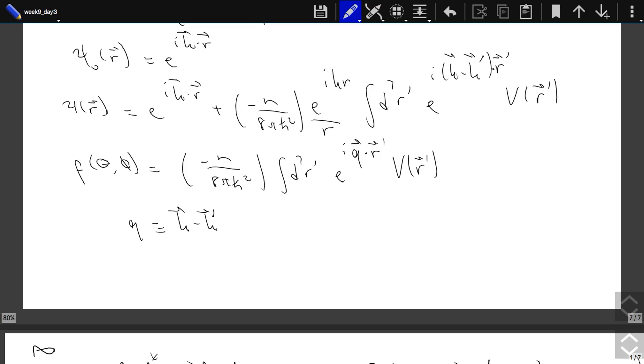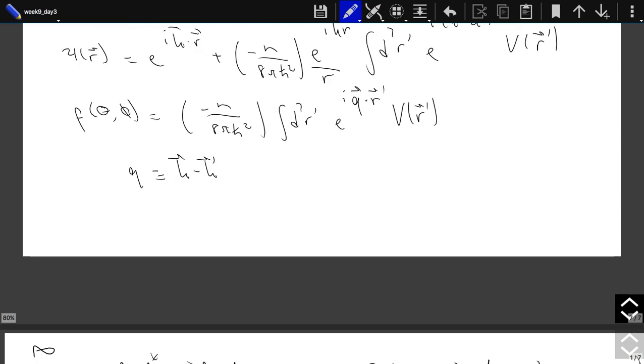In a given system, we don't know what the potential is, so we want to measure it. So what you do is you measure the scattering cross-section, so you are measuring what f is. But f is nothing but the Fourier transform of the potential. So you can Fourier transform back to coordinate space, and that gives you your potential as a function of position. So at least for small potentials, scattering basically measures the Fourier transform of the potential. So let's calculate this Fourier transform.